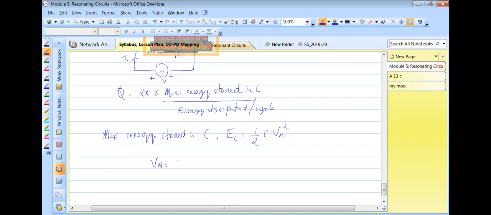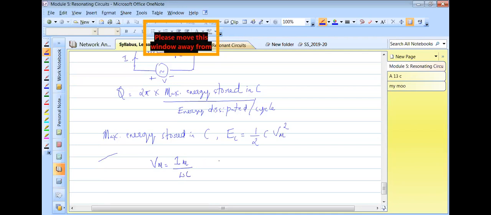What is voltage across C given by? Maximum voltage across C is Im by omega C. So you should remember this.